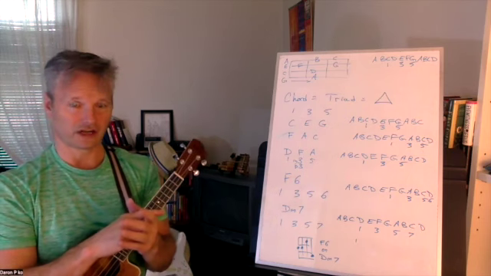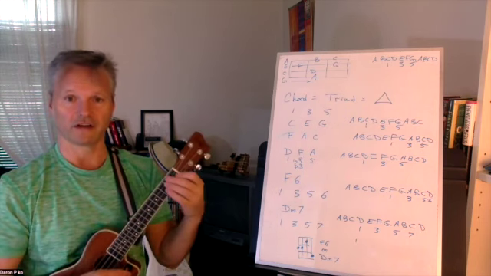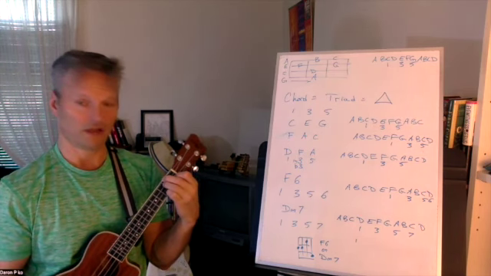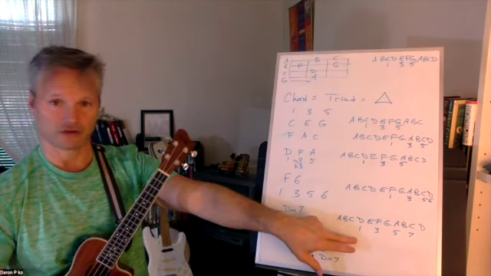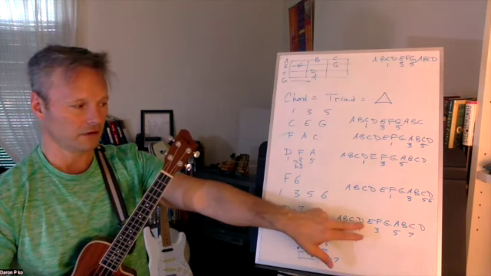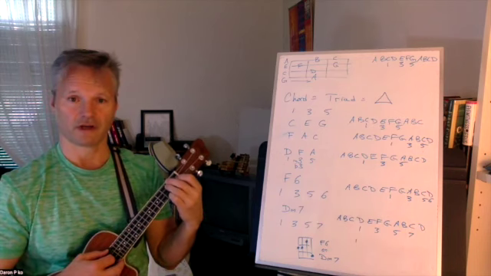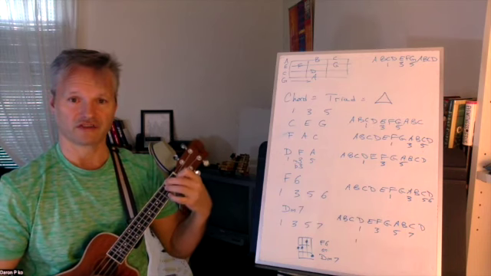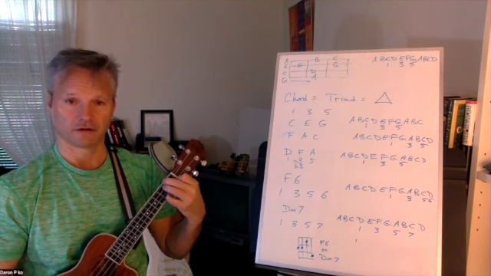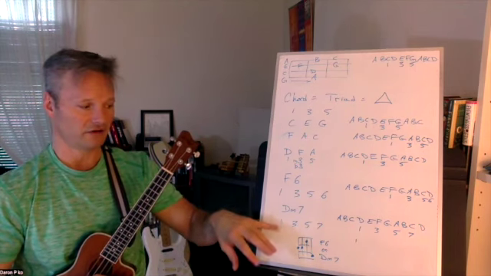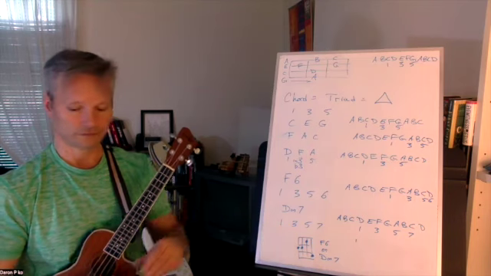There's no difference in your counting, it just has to do with the scale we're in. 1, flat 3, 5 is D, F, and A, but they're asking for a 7 now. So if you continue to count from D, D, E, F, G, A, B, C is the 7. So I've got my D minor, and there's a C here. So the D minor 7 is D, F, A with a C in it.